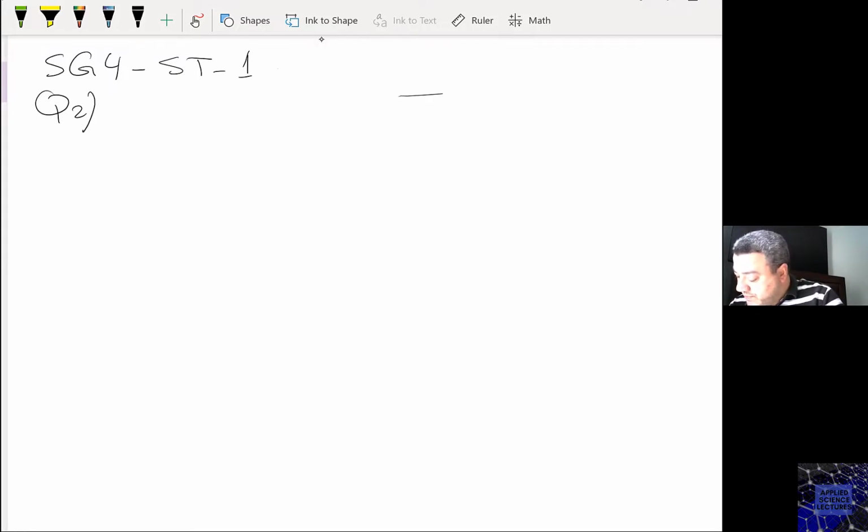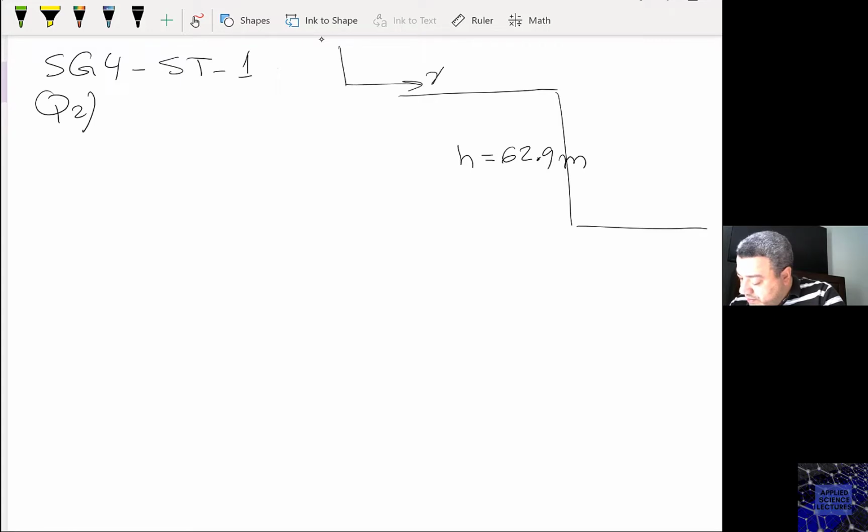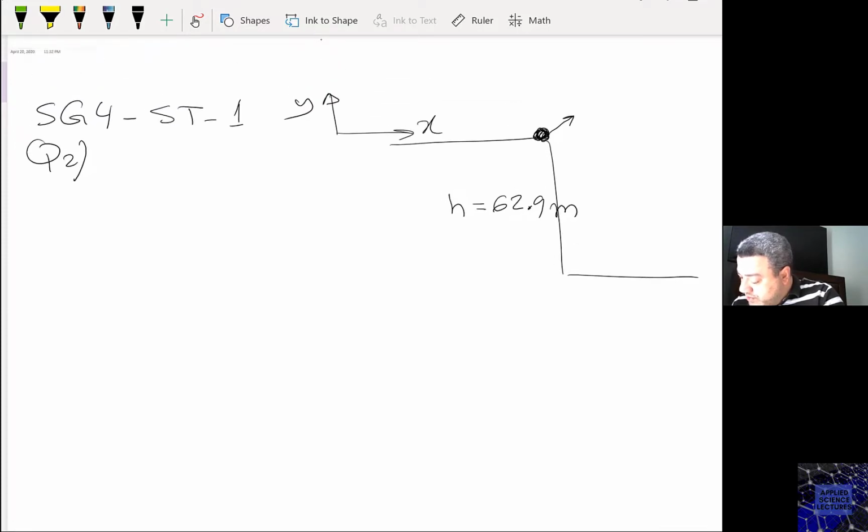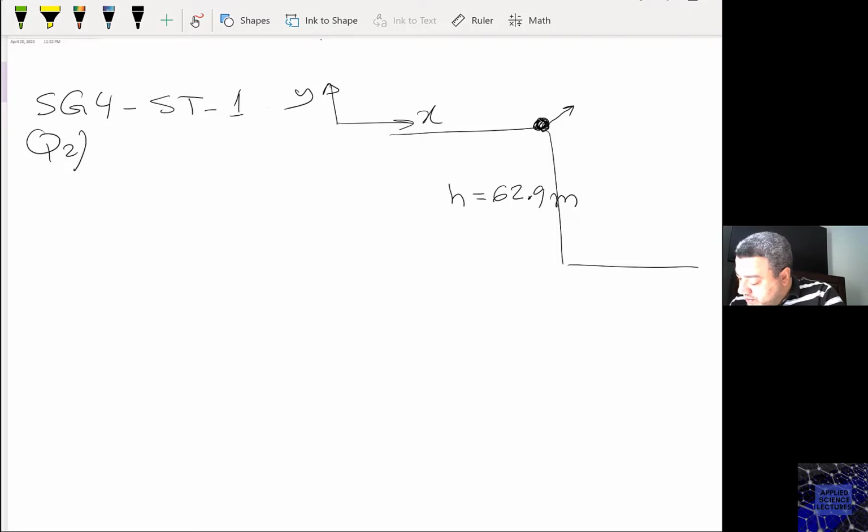I have this graph here. Height is 62.9 meters. I have my coordinates being x and y this way. This is the ball here, the golf ball. We have this velocity.